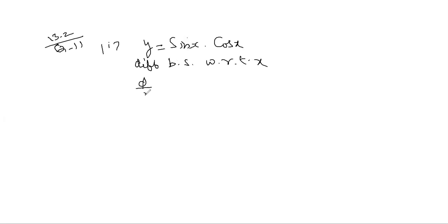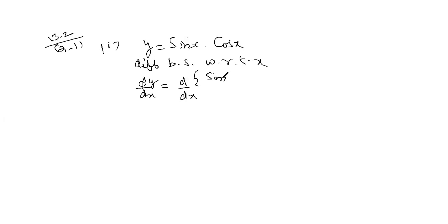So we have done. I told you first you take y is equal to sin x into cos x. Then you always write differentiate both sides with respect to x. So d by dx of y is dy by dx, and d by dx of the function sin x into cos x.